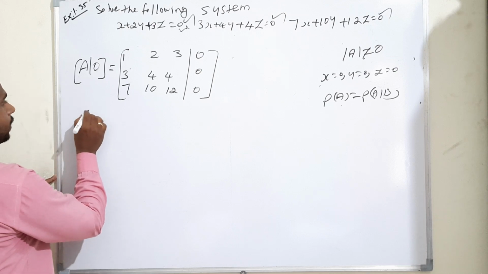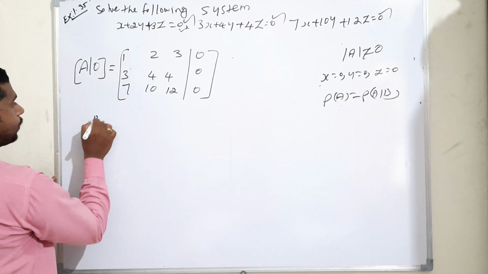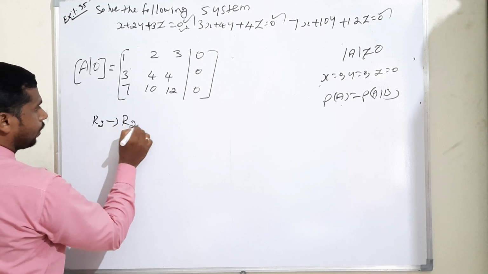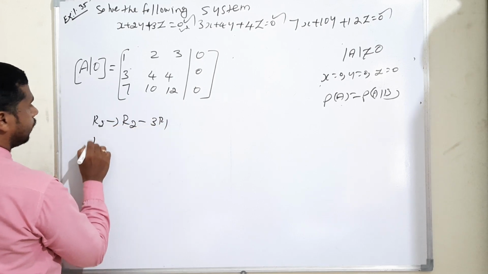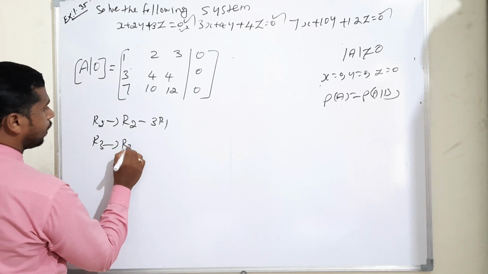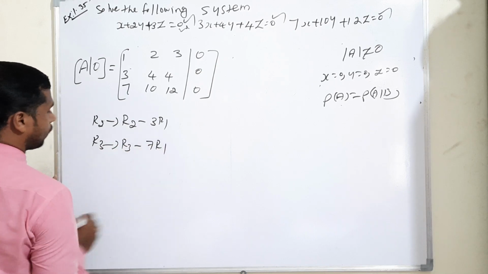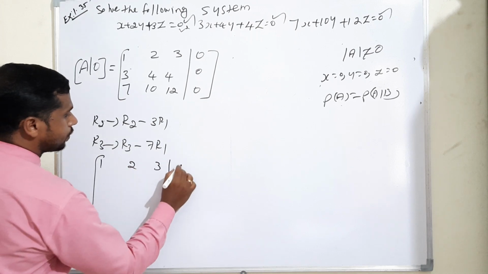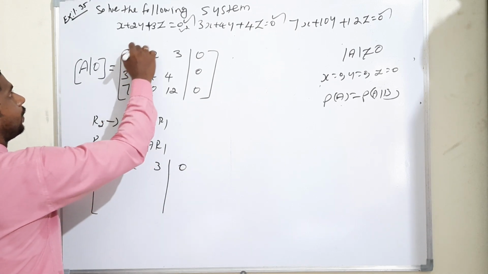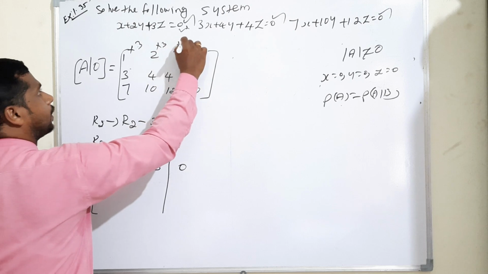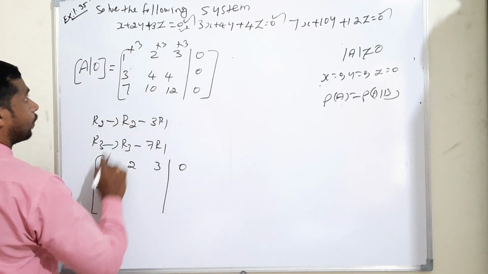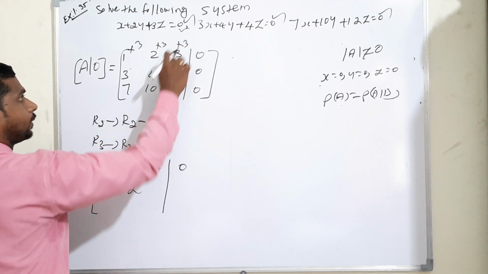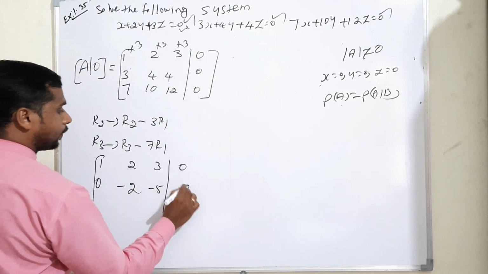Row echelon form means the non-zero digits start with zeros beneath them. So R2 becomes R2 minus 3 R1, and R3 becomes R3 minus 7 R1. R1 is 1, 2, 3, 0. Multiplying by 3 each time: 3 minus 3 is 0; 4 minus 6 is minus 2; 4 minus 9 is minus 5; and 0.